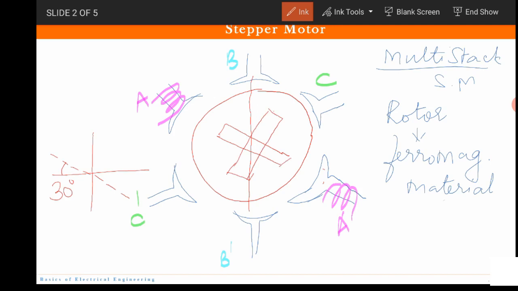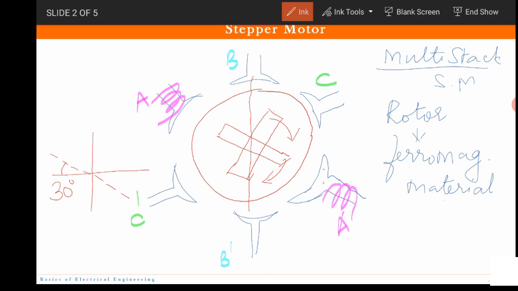So what we will do is we will energize the next coil. So it further moves. Correct? And then we will energize the very next coil. Then again it moves. The process is simple, but one by one we are energizing different poles. Okay, we are giving the supply to one pole or one winding at a time.